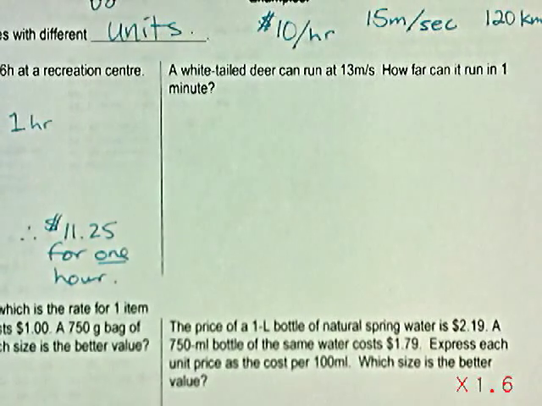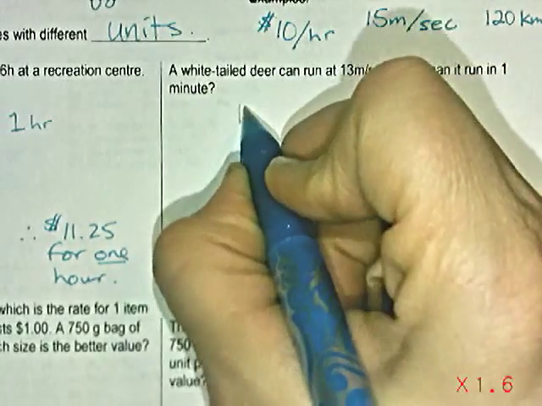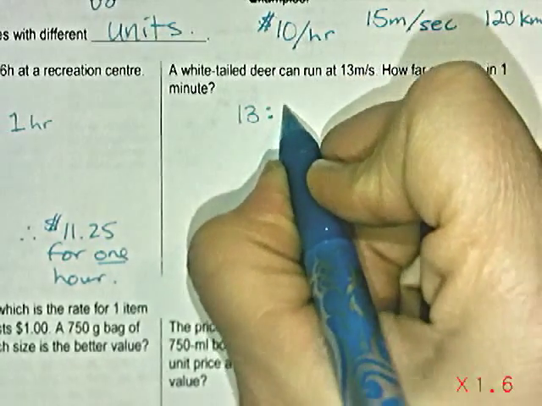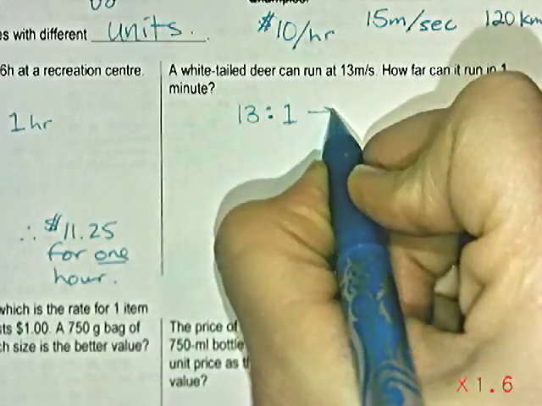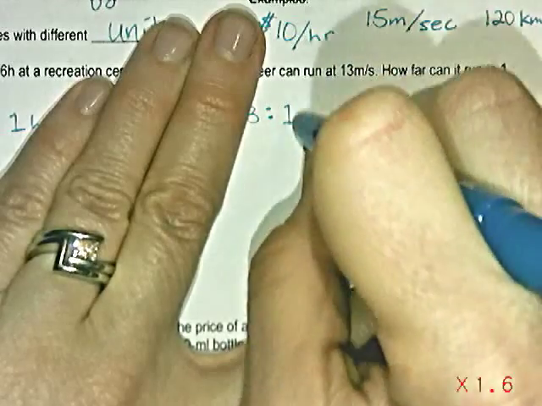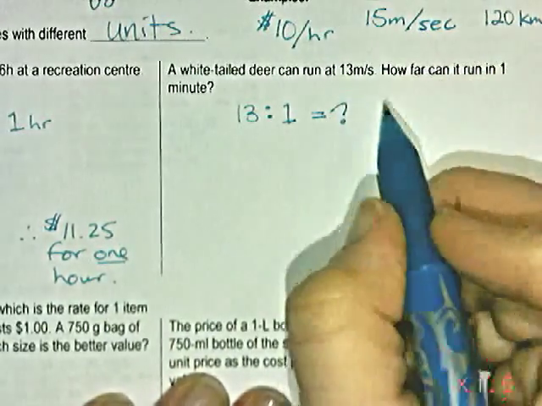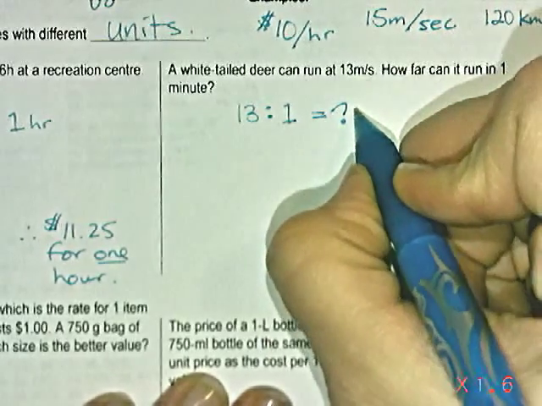A white-tailed deer can run at 13 meters per second. How far can it run in 1 minute? Well, if we run at 13 meters per 1 second, we'd be interested in finding out how that is equal to how many meters in 1 minute.